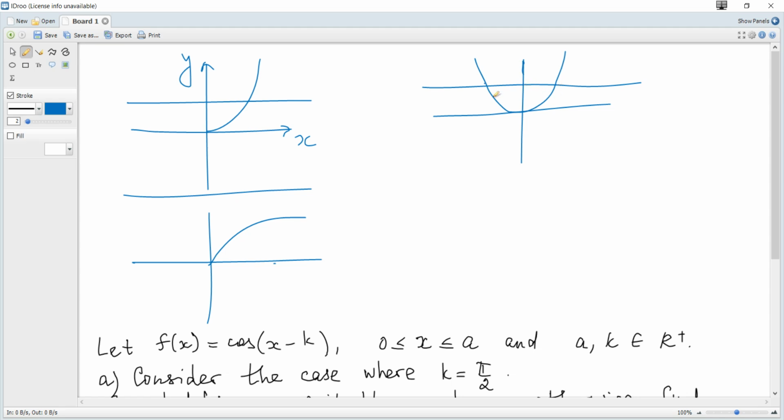You can see that there are two possible x values with the same y value. And such a function doesn't have the inverse, because if you plot the inverse, it looks like this, and it's not a function at all. It doesn't pass the vertical line test.